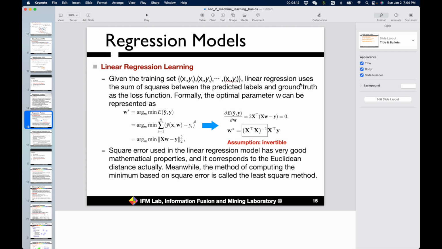Linear regression will use the sum of squares between the predicted labels versus the ground truth as a loss function. So formally, we can write the loss function as shown here as E of Y hat and Y. Y hat covers the predictions of all the instances, and Y denotes the vector covering all the true outputs of the labels of the instances in the training set.